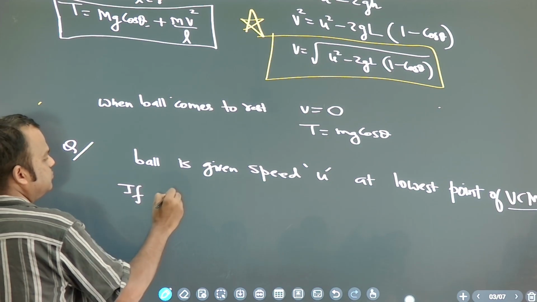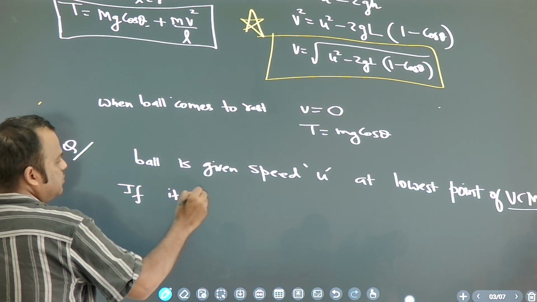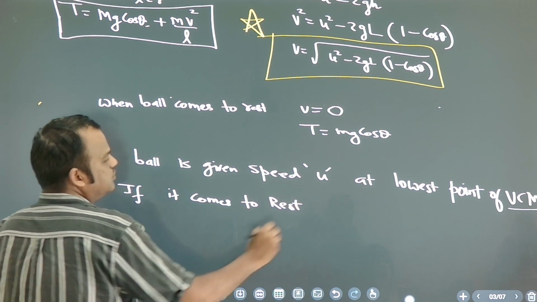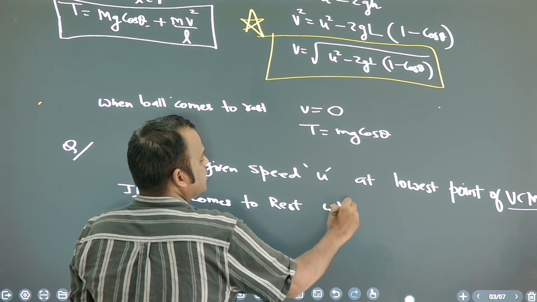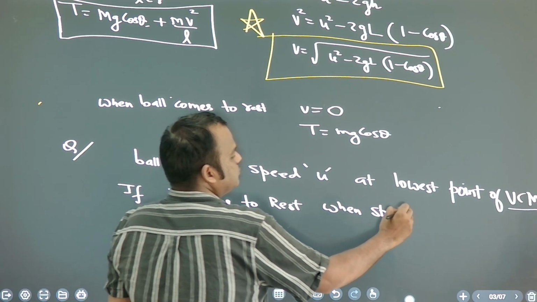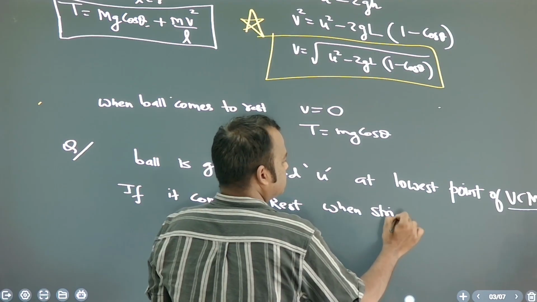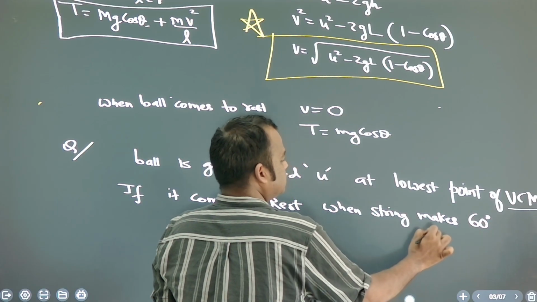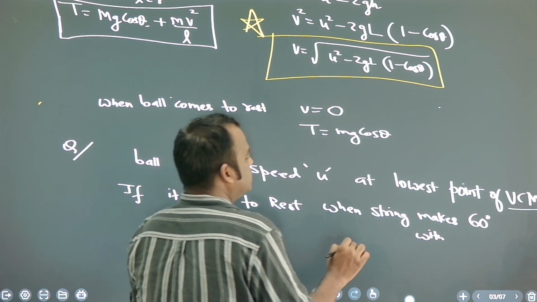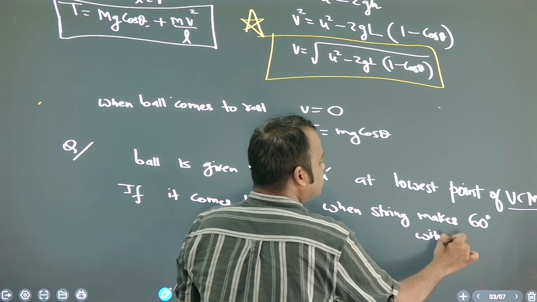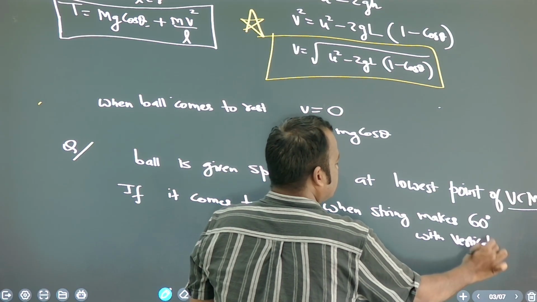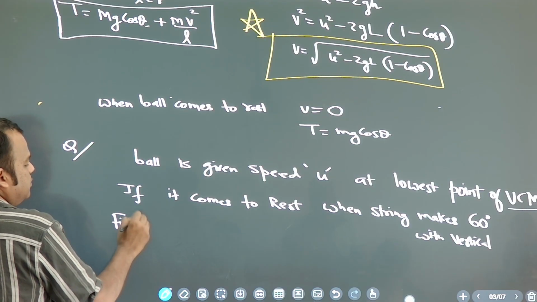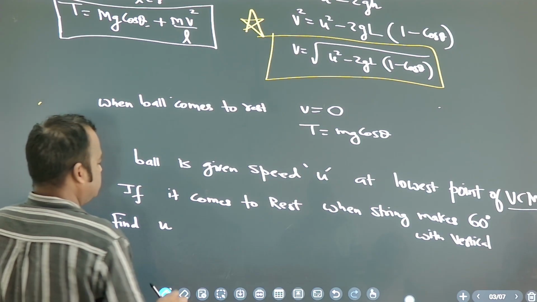If it comes to rest when the string makes 60° with the vertical, find u.